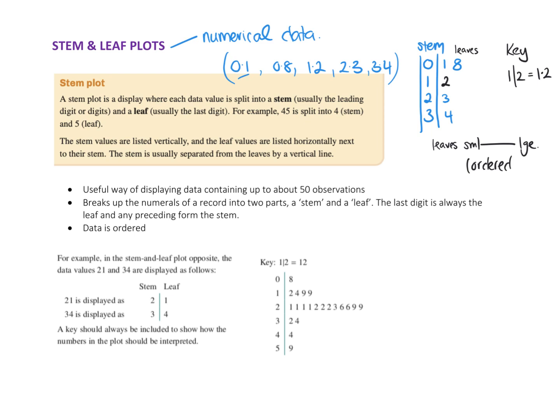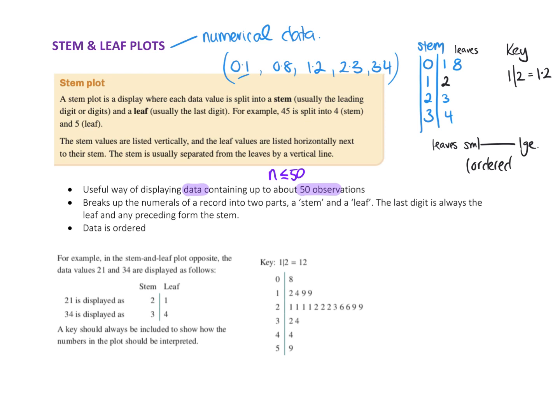Okay, so it's a useful way of displaying data containing up to 50 observations. So when they say data of 50, that means n is less than or equal to 50, when we talk about the whole data set.